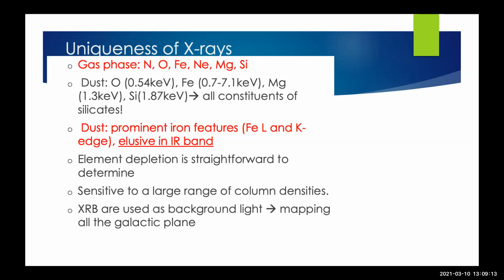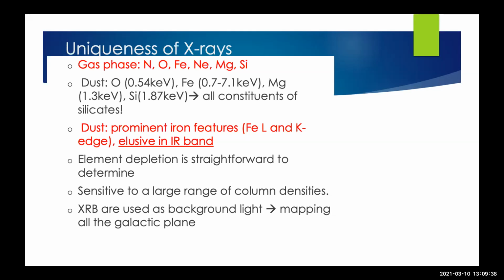There is also another advantage in the X-rays. There are prominent iron features that are well isolated: we have the iron L edges and the K edges. In the infrared band and at other wavelengths, there is no distinctive feature of iron. So X-rays give you a window on the iron content of the ISM.